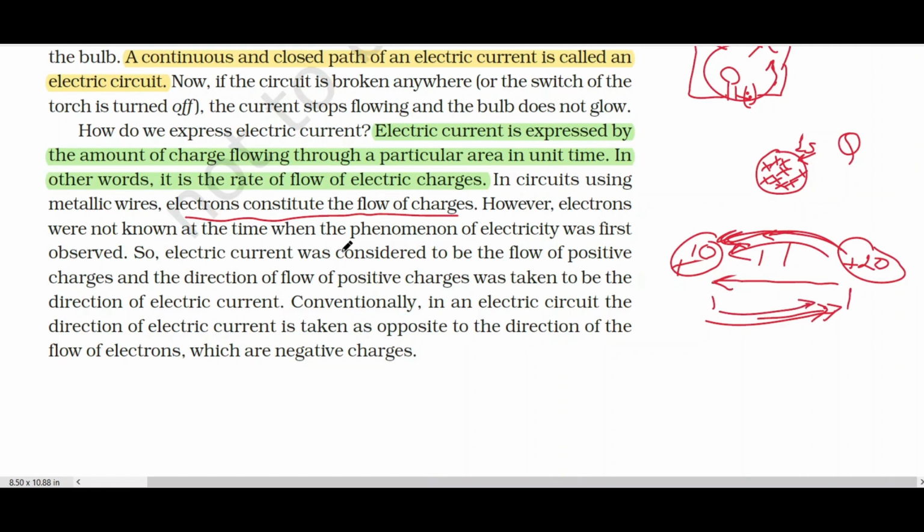Okay, so electric current was considered to be the flow of positive charges, and the direction of flow of positive charge was taken to be the direction of the electric current. Conventionally, in an electric circuit, the direction of electric current is taken as opposite to the direction of flow of electrons, which are negative charges. So when electrons were discovered, we saw that positive charge is not flowing; actually negative charge is flowing from lower to higher. So we made a convention, a rule, that the flow of current is not the same as the flow of positive charge. The flow of current is the opposite of flow of negative charge. Are you understanding? It's the opposite of flow of negative charge. So if your electrons are flowing in this direction, then your current will be flowing in this direction.